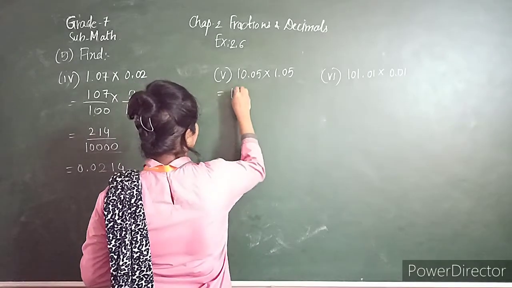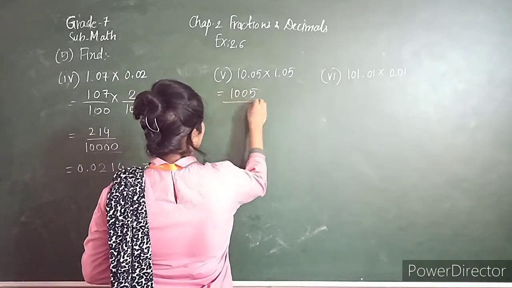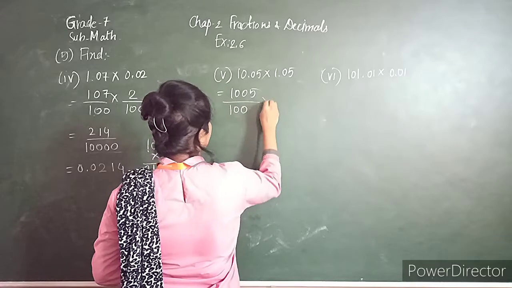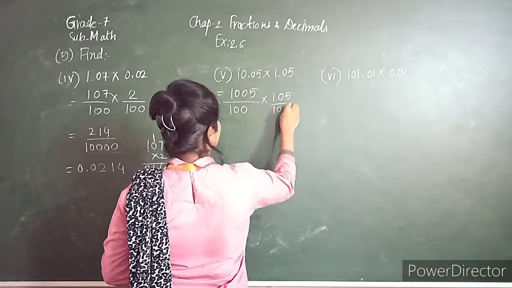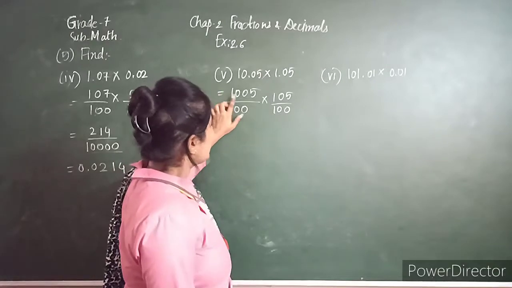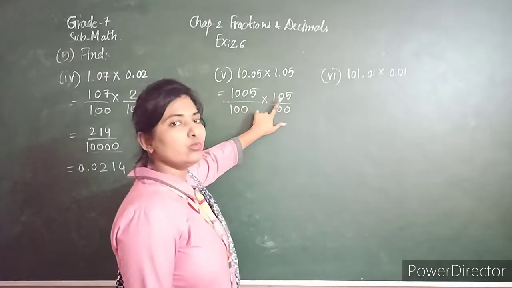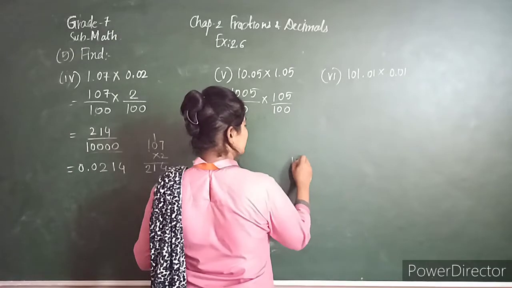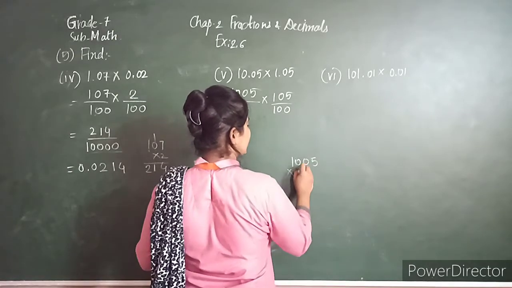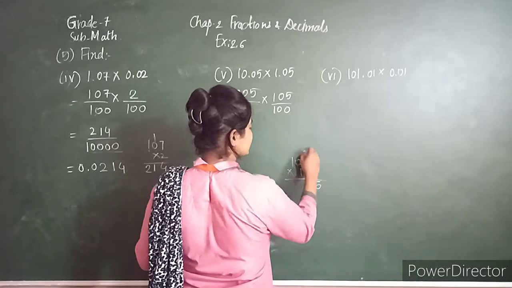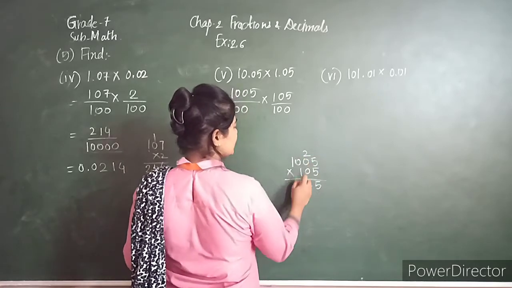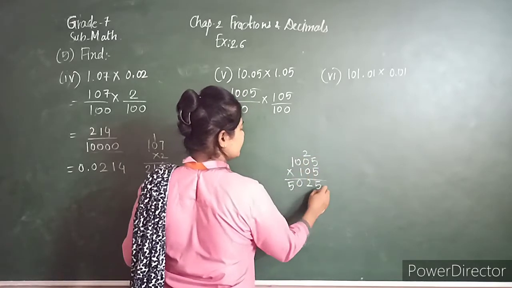Coming to the next number, 10.05 into 1.05. So here point is there before two numbers, so we have to put 100 in the denominator. Here also we have to put 100. Now 1005 multiplied by 105. So 5 5 is 25, 5 0 is 0. We have to put 2 here. 5 0 is 0, 5 is 5.